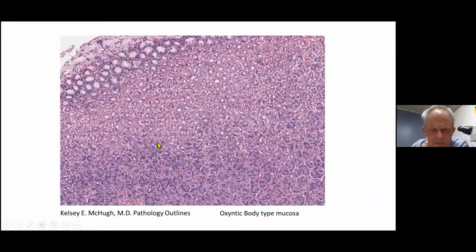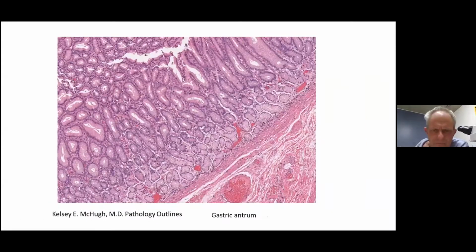There's the body type mucosa, again, high power, and there is the gastric antrum. And here you can see that you've got, once again, mucus-secreting glands with minimal specialized gastric cells. And then these are the foveola pits or gastric pits. And you can see that the gastric pits or the foveola epithelium occupies approximately 50% of the mucosa in the gastric antrum.